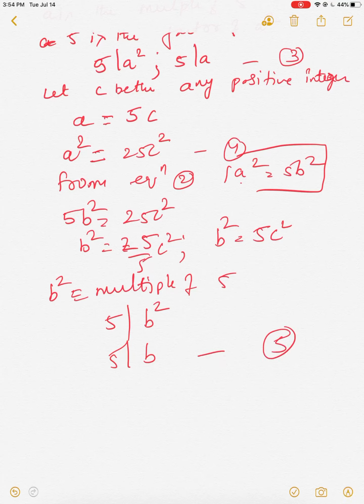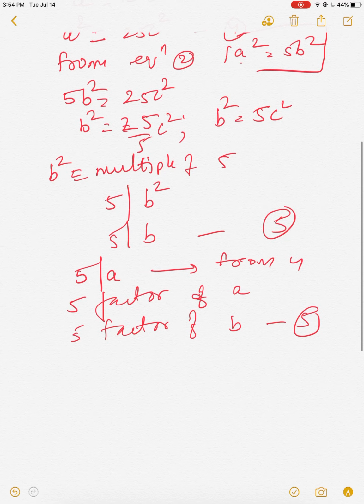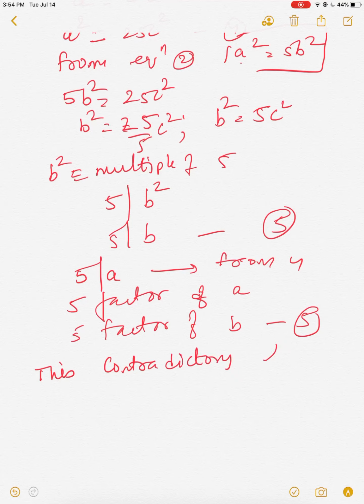So from equation 3, we have got 5 is a factor of a, and this we have got from the fourth equation. 5 is a factor of b we have got from the fifth equation. So this is contradictory to our hypothesis. Why contradictory?